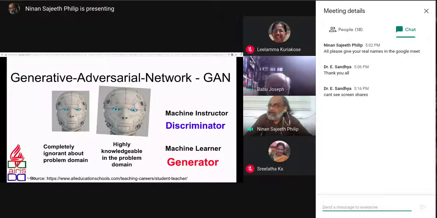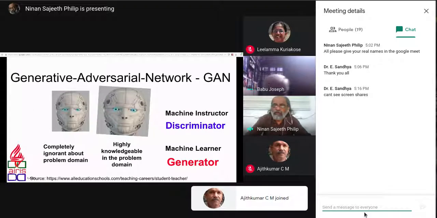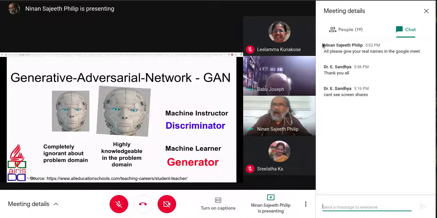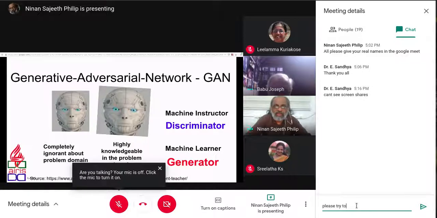And the learner, or the generator, is a completely ignorant machine which has no idea about the problem domain. And the goal of the discriminator or the instructor is to teach the generator how to learn a problem or how to learn a scenario based on the instructions that it gives. The important point here is that the instructor is taking the place of the human who used to teach the machine in the earlier scenarios.